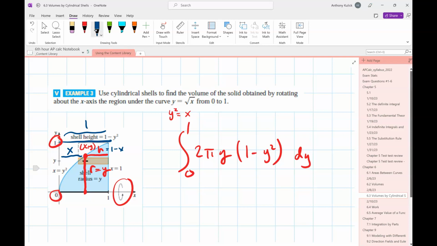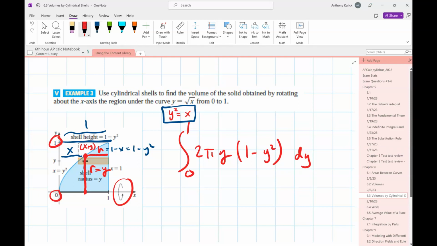The problem is that we can't have an x if we're integrating with respect to y. So I need to convert x in terms of y. If I know y is equal to the square root of x, I square both sides, and I have x is equal to y squared. So that's the height that I plugged into my formula.